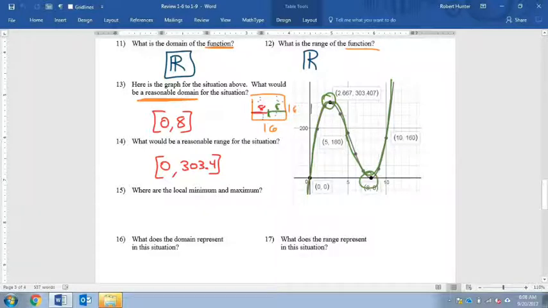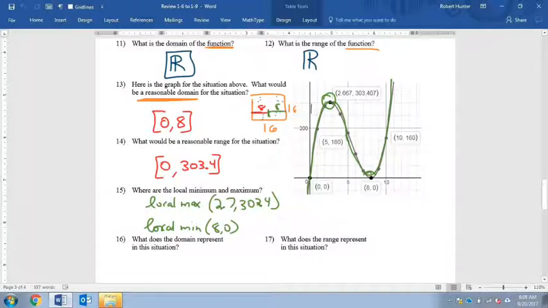The local max is at 2.7 and 303.4. The local minimum is at 80, which I covered up with that, but that's your local minimum.